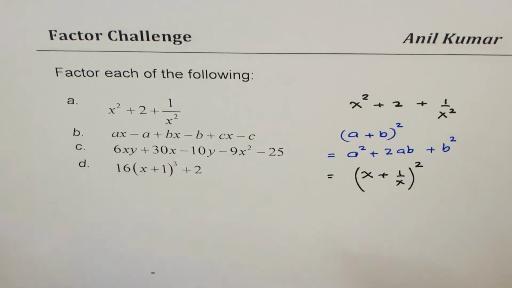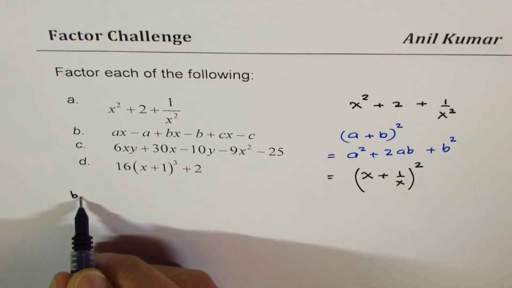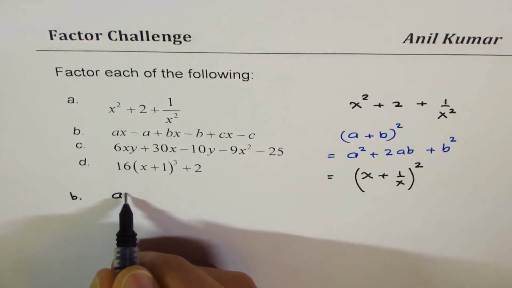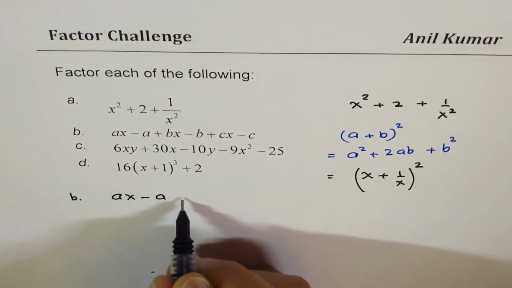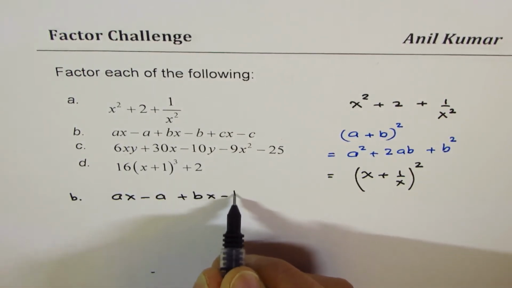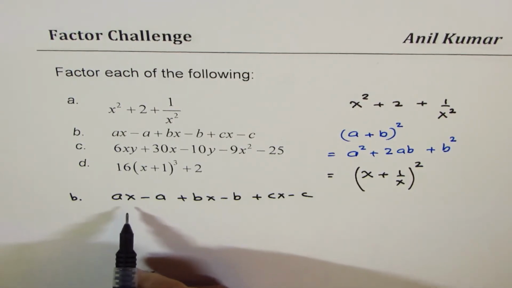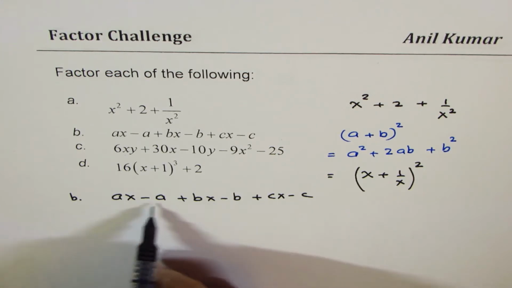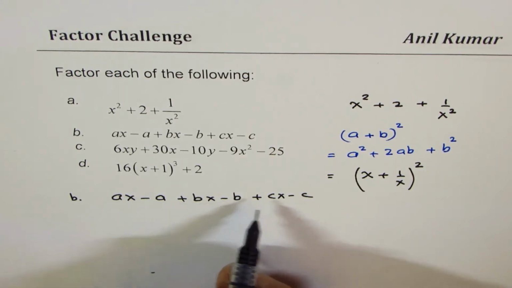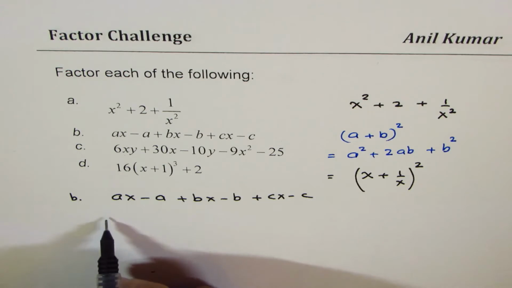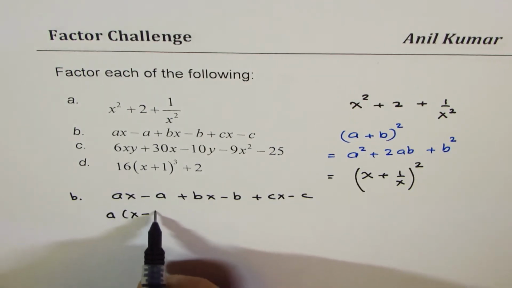Do you see that? So that is indeed the factored form of the given expression, correct? Now let's look into b. Let me rewrite b, which is ax minus a plus bx minus b plus cx minus c. Now there are 6 terms. We can combine 2 groups. In the first a is common, we get x minus 1.